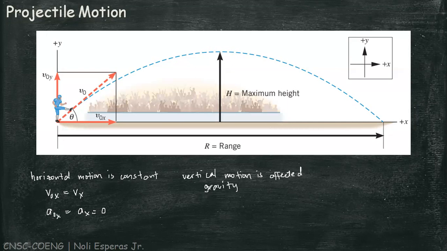And also the y component of the acceleration, or ay, is the downward acceleration due to gravity, meaning our acceleration in y component is negative 9.81 meters per second squared.